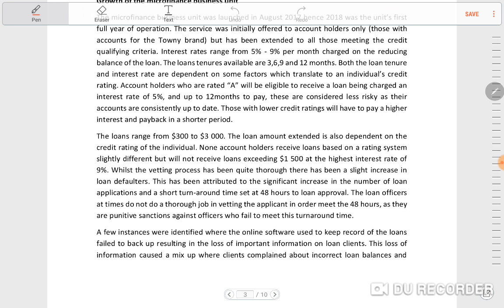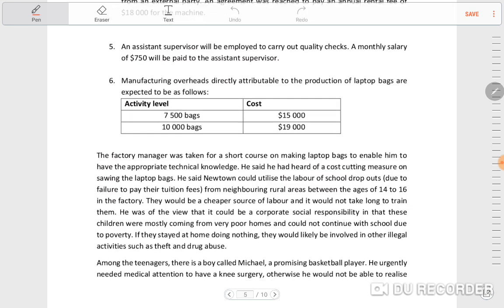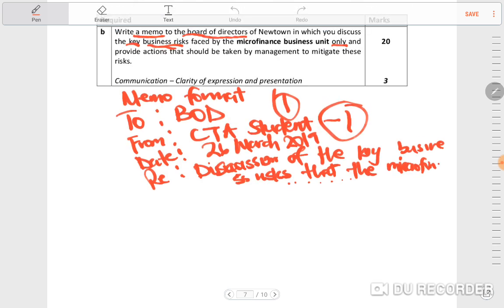That is my trigger, where I'm going to obtain my information or my risk from. Now, in line with that, how is it going to affect my business? So, when you're explaining, it is always trigger plus explanation.